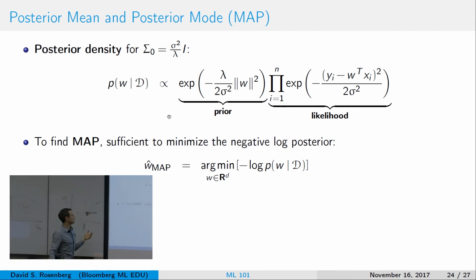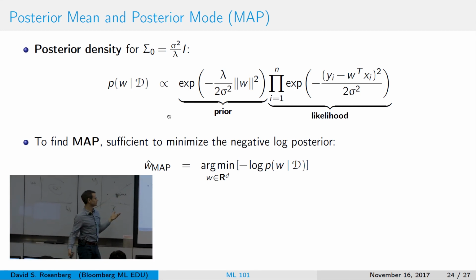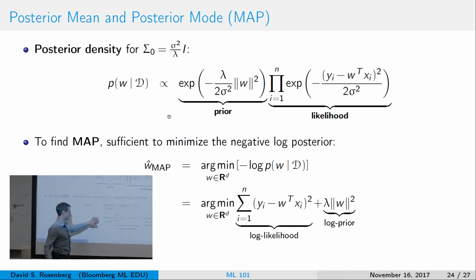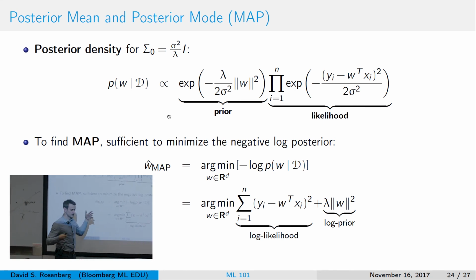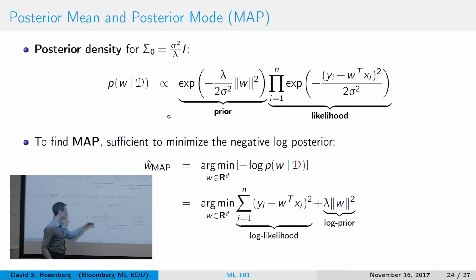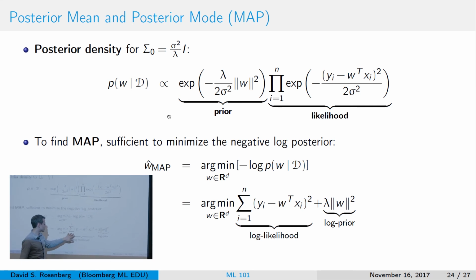And as we're finding the MAP solution, this is really just the same thing again. It's pointing out that the objective function that we're solving also has connections directly to the ridge regression objective function, where this is the loss piece for ridge regression, but it corresponds to the log likelihood for our development here. And the regularization piece corresponds to the log of the prior distribution.